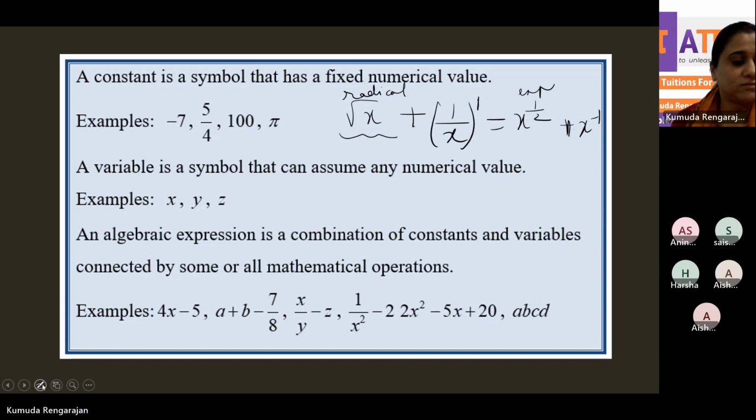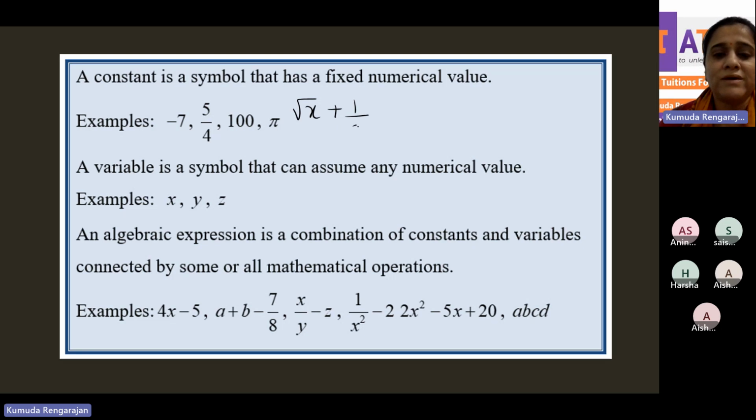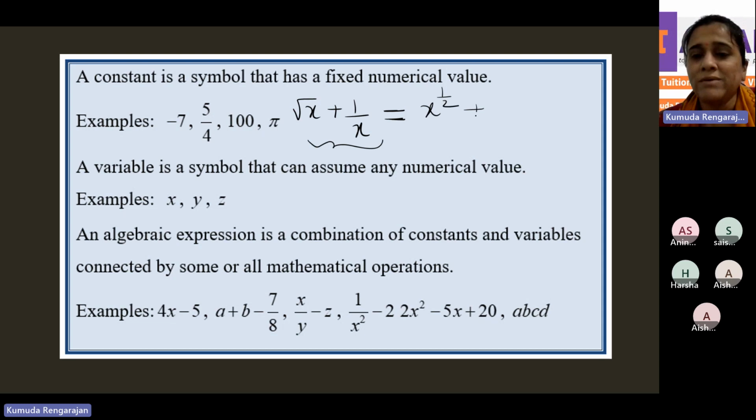So root x plus 1 by x is also, I'm not solving this, I'm just showing you another way of interpreting this expression: root x is x to the power 1 by 2, plus 1 by x is x to the power minus 1, using the rules we have learned in exponents.